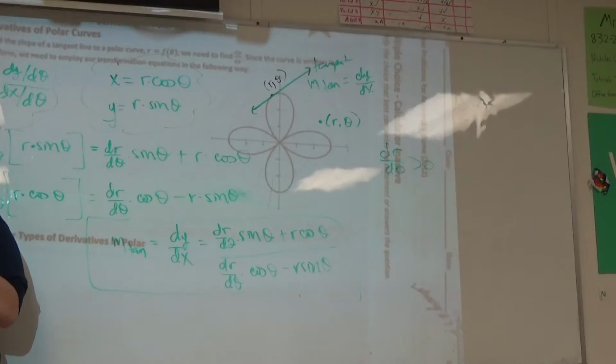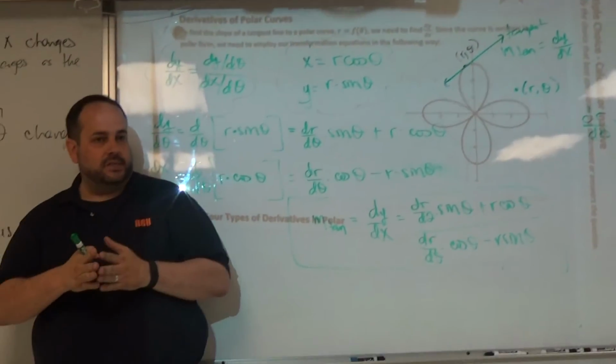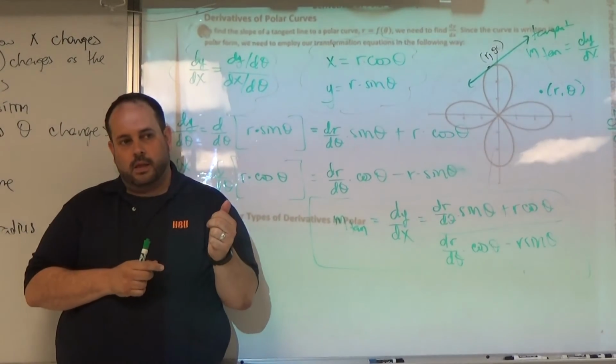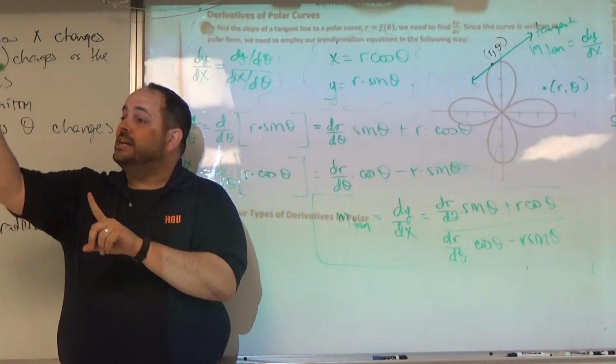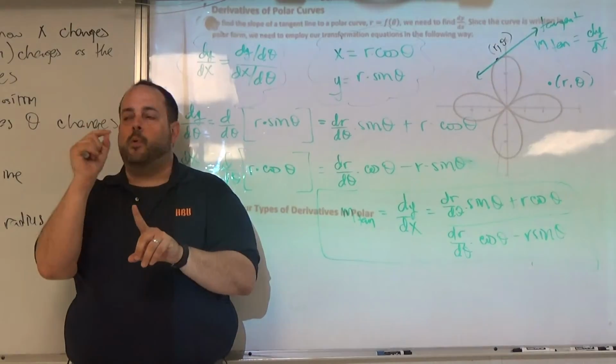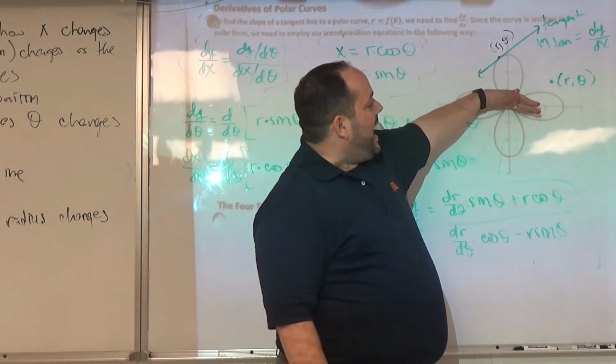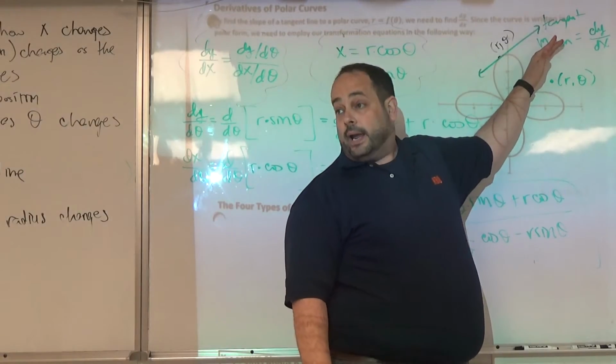So here's the thing. If the radius is positive and dr d theta is positive, the conclusion is the radius is increasing and the point is moving away from the pole, right? My angle increases and I'm moving away.